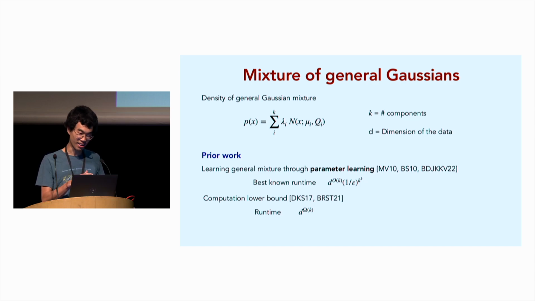The result here of learning a general mixture goes through parameter learning, and the best known runtime is on the order of d to the k, 1 over epsilon to the k, to get epsilon in TV distance. Note this double exponential dependence on the number of components.